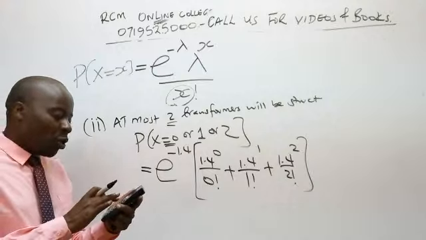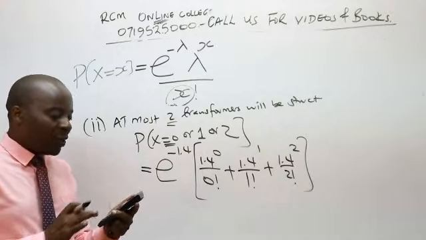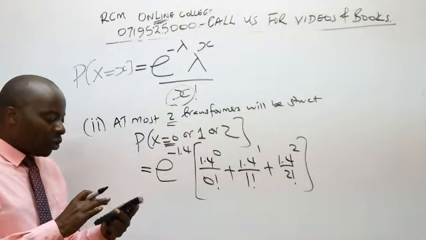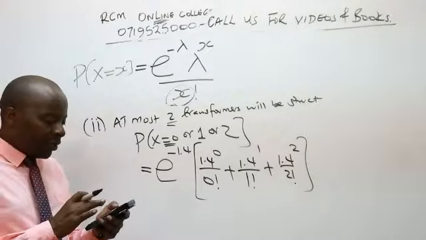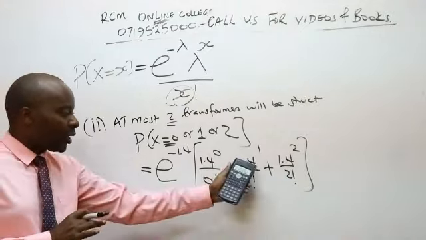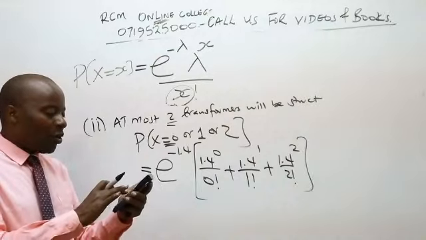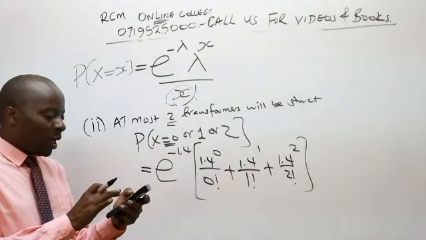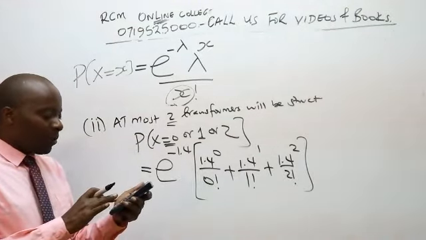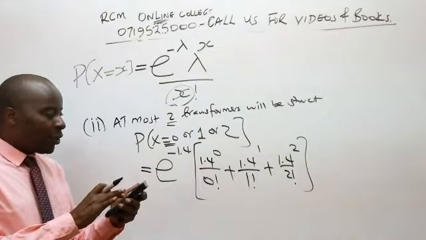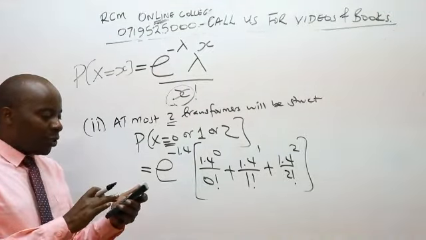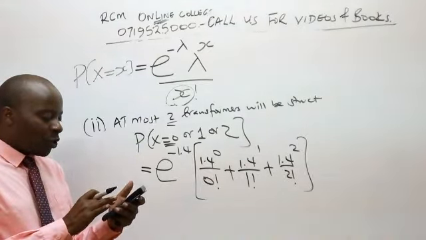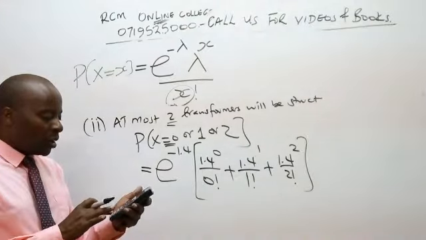We have 1.4 raised to 0 divided by 0 factorial, plus the second term, 1.4 raised to 1 divided by 1 factorial, plus 1.4 raised to power 2 divided by 2 factorial, equals.